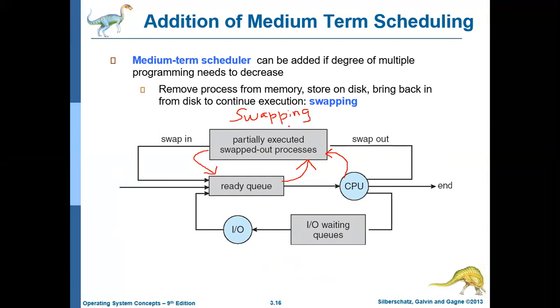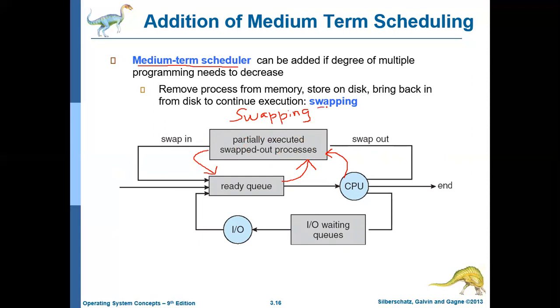This swapping is done by a particular scheduler, called the medium term scheduler. It will remove either the currently executing process and keep it on the hard disk, or some of the processes in the ready queue and move them to the hard disk, and later when the system speed has increased considerably, it may swap them in.